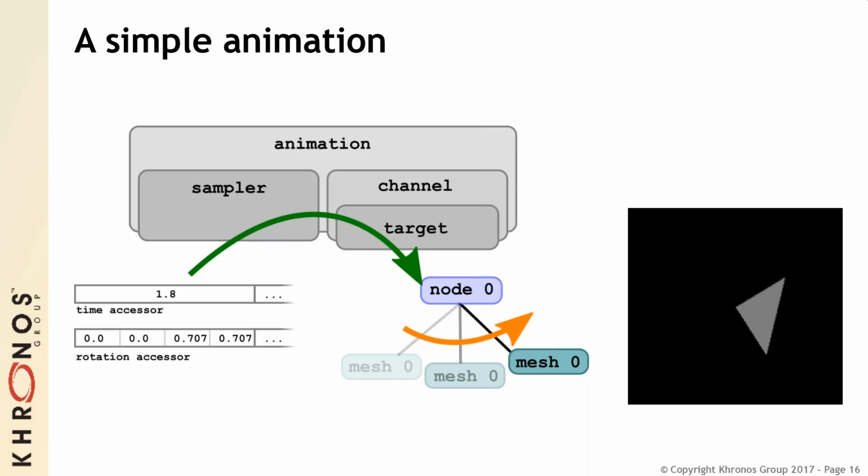You can imagine that you can forward animation information to different properties of a node and therefore model more complex animations. But this is just intended as a basic example showing the concept of an animation, reading from accessors and forwarding the interpolated keyframe values to the rotation property of a node.